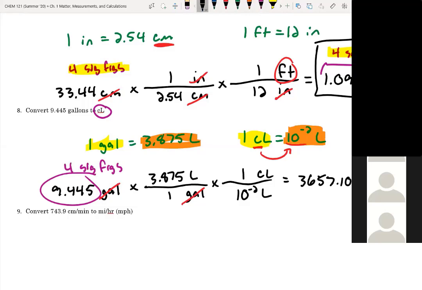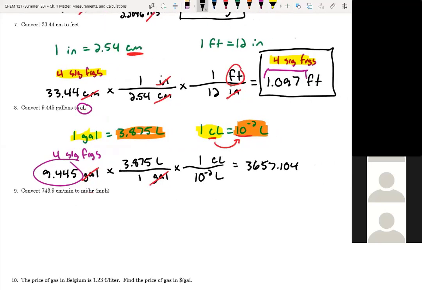Okay, so in order to keep this at 4 sig figs, I'm going to go just to 3657 centiliters. The reason we're not rounding up is this number following our 4th sig fig isn't 5 or greater, so we don't need to worry about rounding that up.